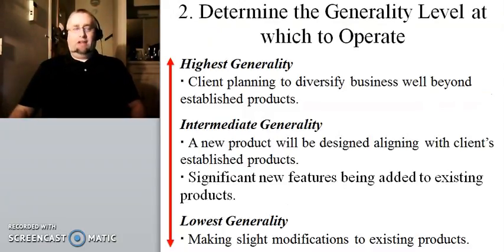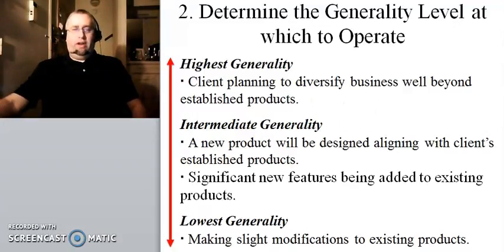So I can actually use this as a design engineer to my advantage as I am interacting with the client in determining how far away from the client's existing base of expertise they really want to traverse in whatever design problem they brought in the design engineer to solve.